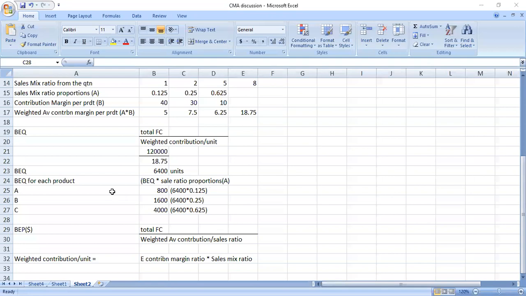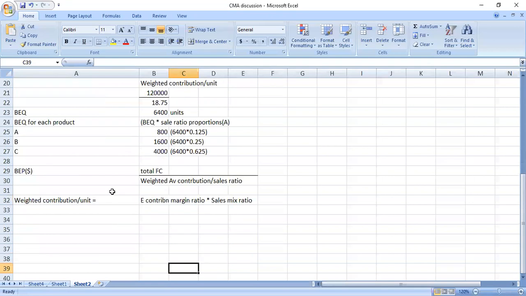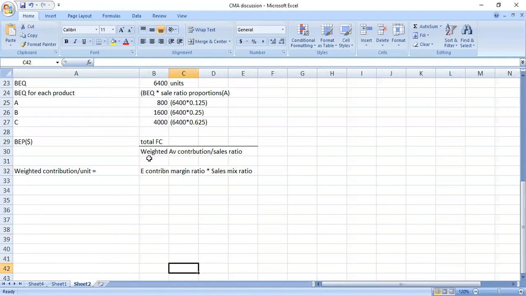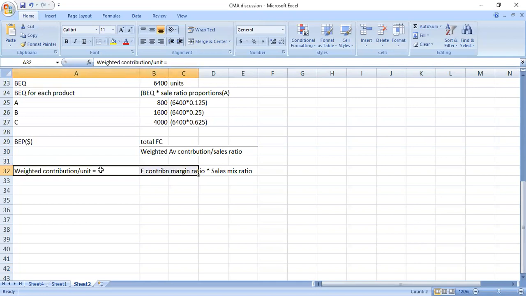So our task here is to compute the weighted average contribution margin ratio. Before that, we should take note of this.